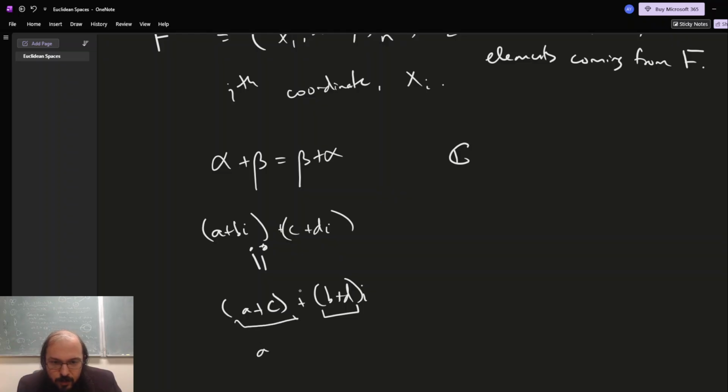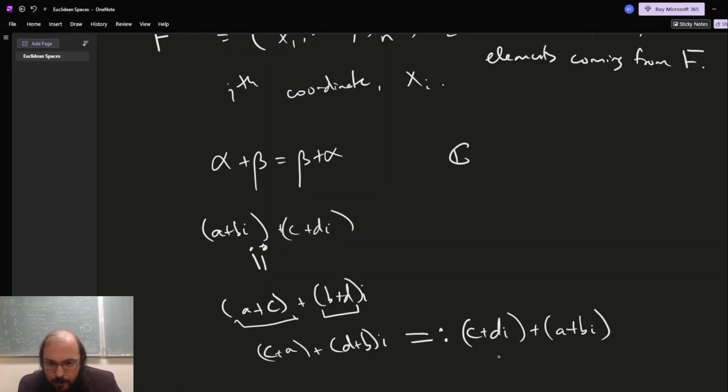Same with these guys. I can commute this to (c + a) + (d + b)i, and that is by definition the same thing as (c + di) + (a + bi), which is beta plus alpha.